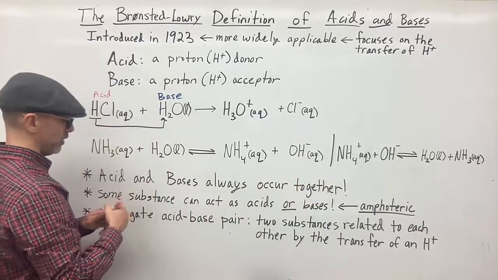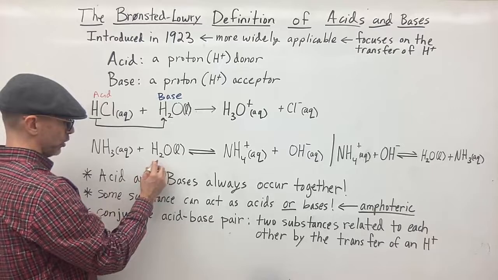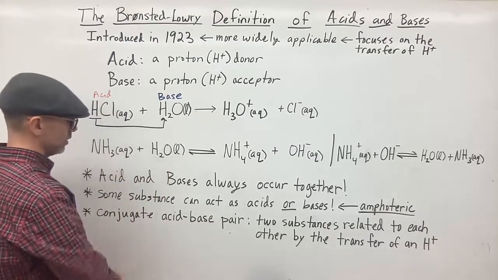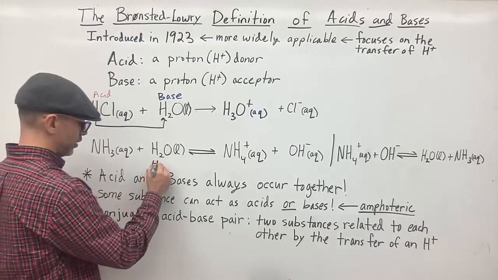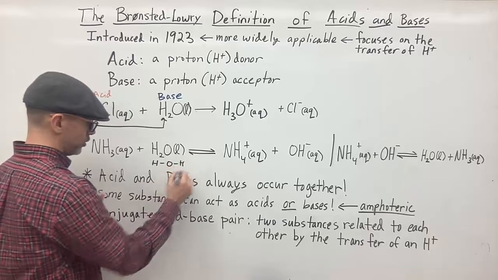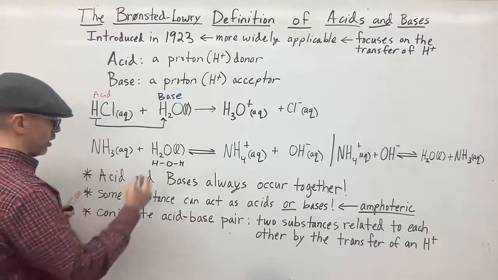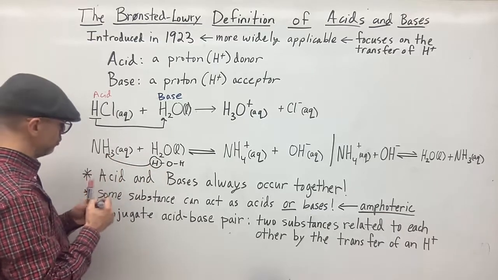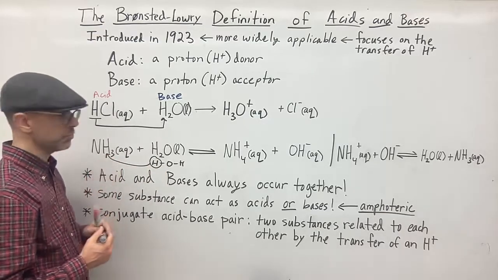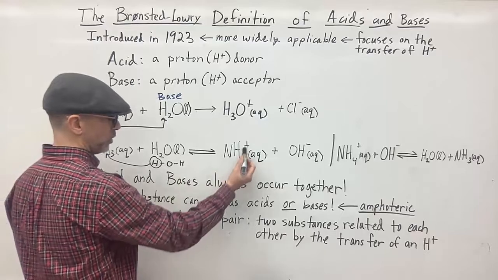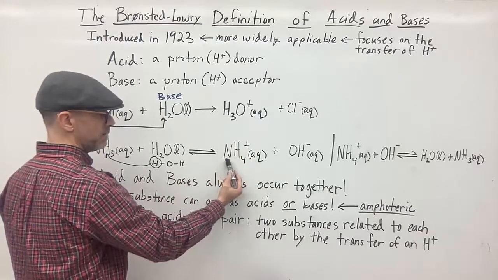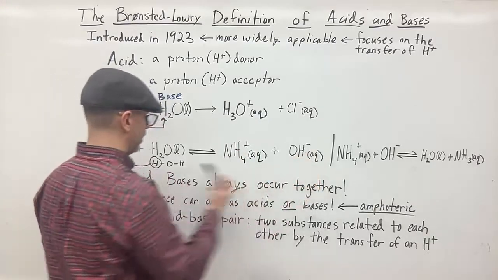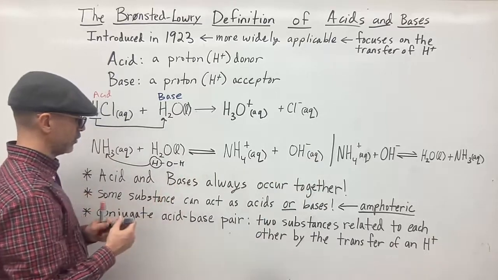So if you look at it this way, we have HOH. One of these hydrogens gets transferred to the NH3. That's going to produce NH4 plus. This is your ammonium ion, and then your hydroxide ion is left over after the transfer.